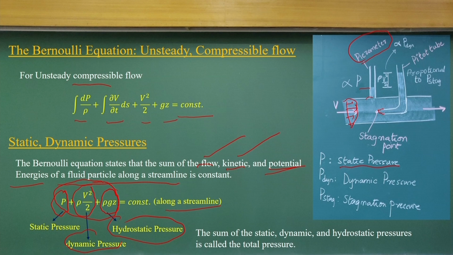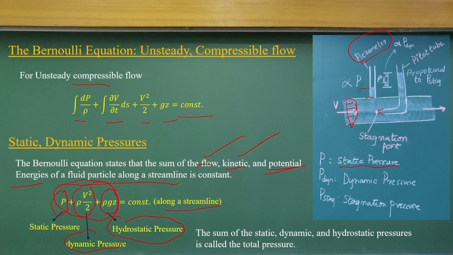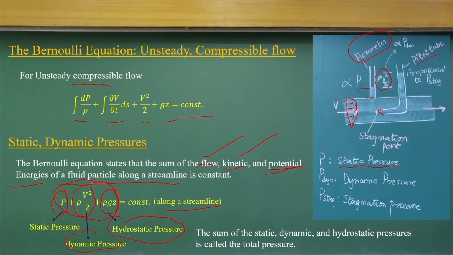Because of that, the two energy components, the flow energy and the kinetic energy, are converted to an equivalent liquid head. The difference between the two gives us rho v square by 2, the kinetic energy head. The difference between this pitot tube and the piezometer gives us this rho v square by 2.